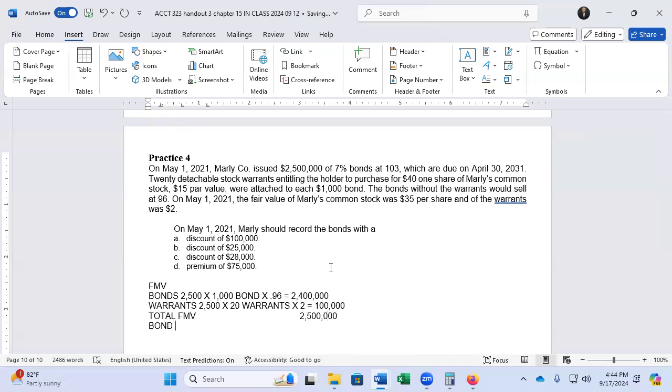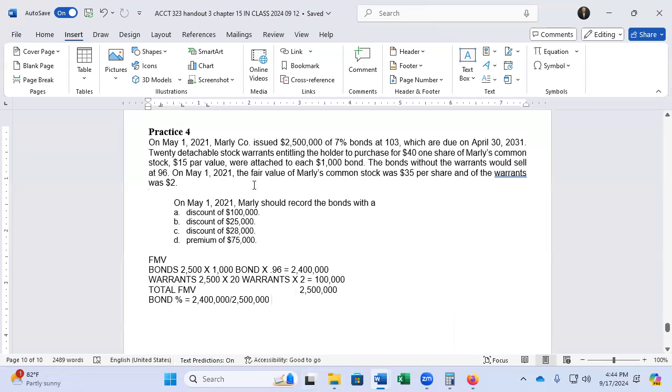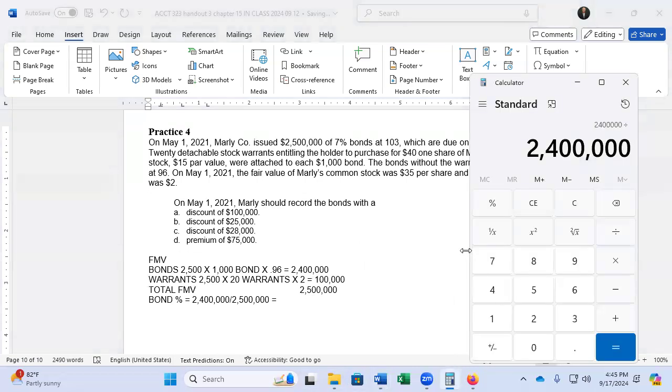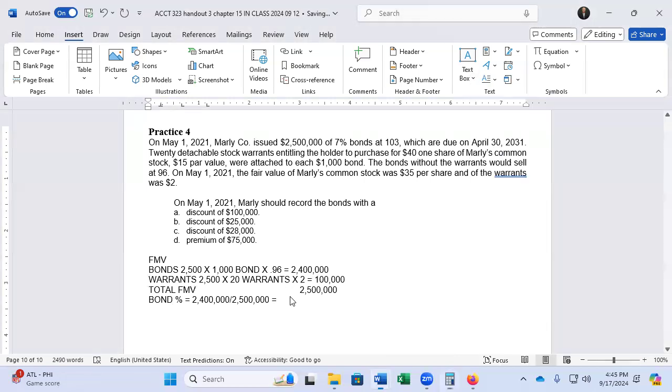On percentage equals 2.4 million divided by 2.5 million, 0.96.